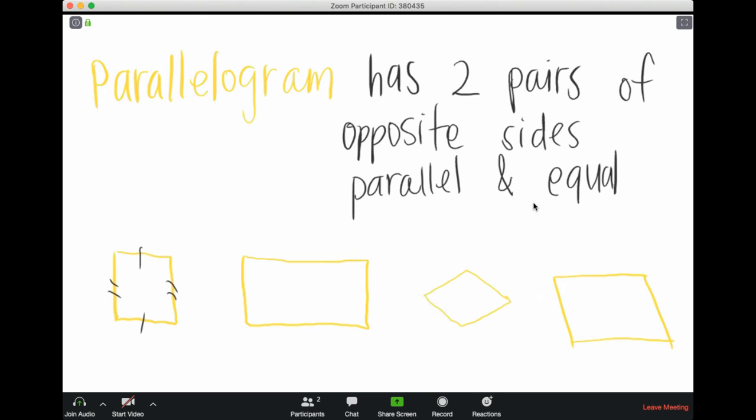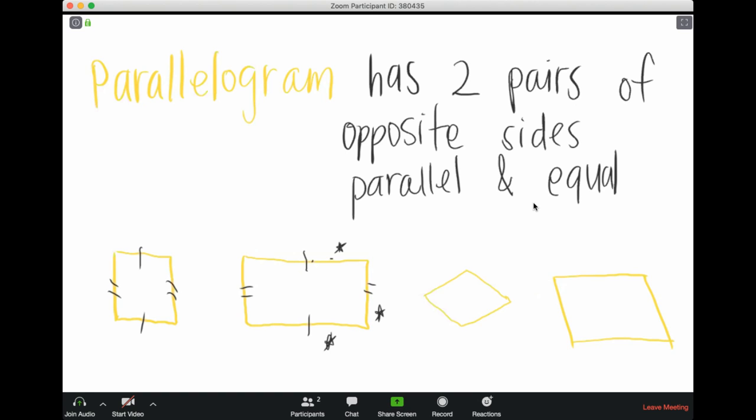Same thing for a rectangle because opposite sides are parallel, so are these, and opposite sides are equal. So even though this side is longer than this side, it's not its opposite. So all that matters in a rectangle is that the top and bottom are equal and side to side are equal. And because they are, a rectangle can also be called a parallelogram.